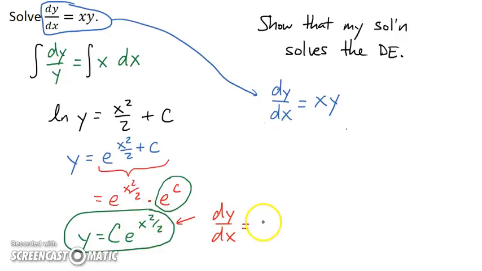And the derivative of a constant times e to the something is the constant times e to the something. And then if I use the chain rule, I need to multiply by the derivative of my something. Well, the derivative of x squared over 2 would actually just be x.